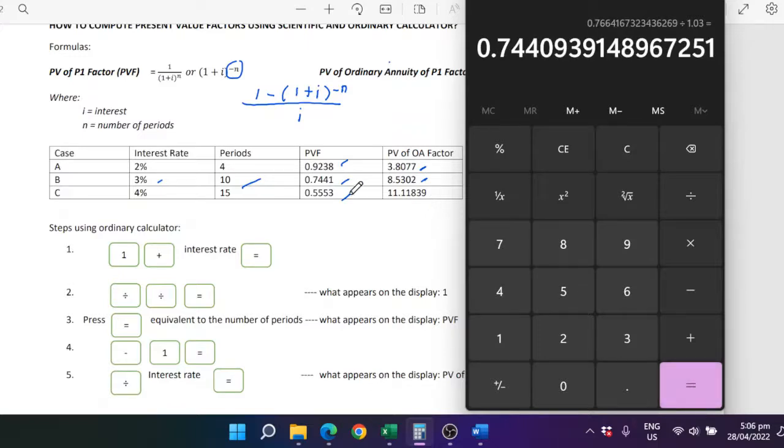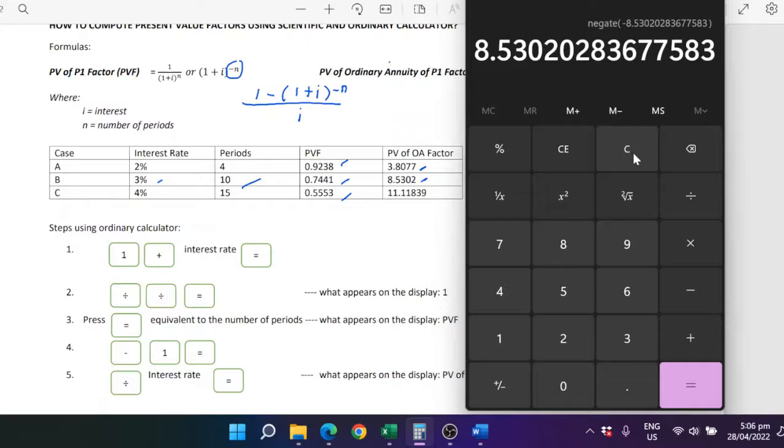So you will get 0.74409, rounded off, that's 0.7441. Continue to get the present value of ordinary annuity: minus 1, equals, then divide by the interest rate 0.03, then equals, you will get negative 8.5302. Get the absolute amount, that's your present value of ordinary annuity factor.